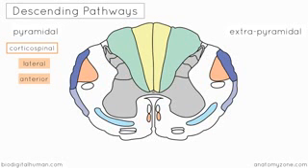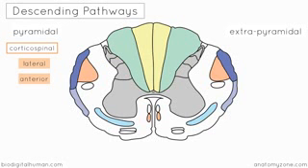So you may start to notice the significance of the naming of these tracts. So remember the tracts we talked about, the spinothalamic tract and the spinocerebellar tracts. You'll notice that the first part of the name of the tract relates to where the tract begins, and the second part of the name relates to where that tract ends.